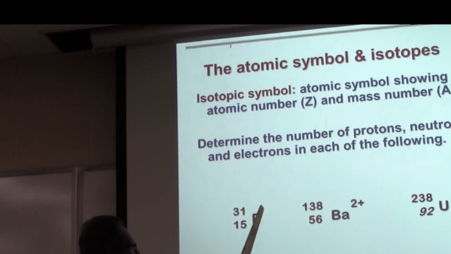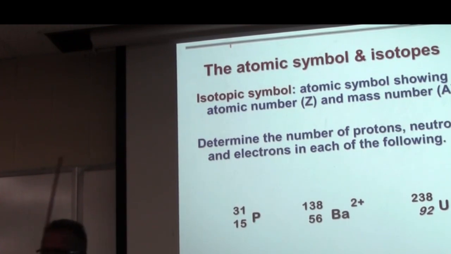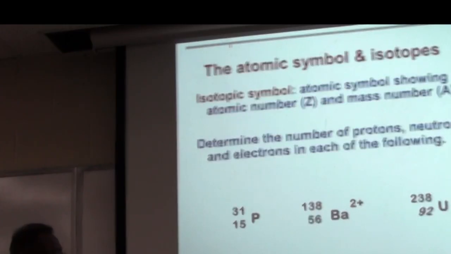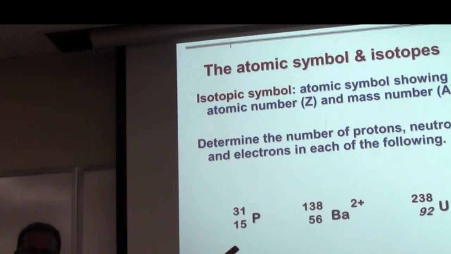If you didn't write any charge in an atomic symbol, then all the electrons are there. If we write calcium 2 plus, that means 2 electrons are lost. Therefore, how many electrons are in a neutral atom? 15. The number of electrons in a neutral atom equals the number of protons, right?